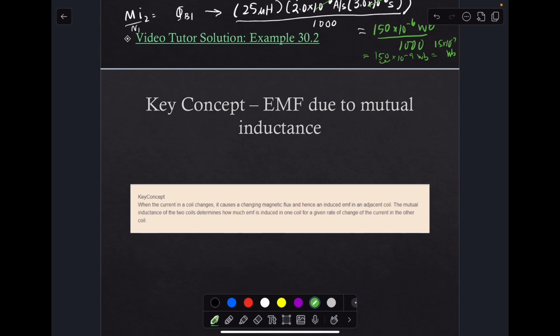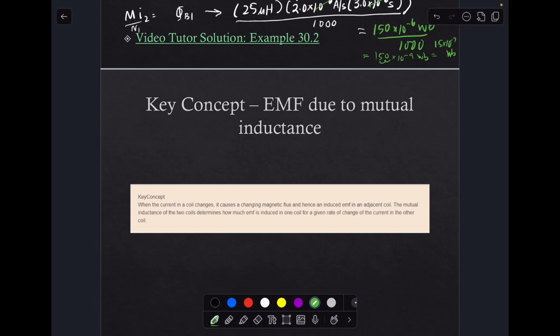Okay, so the concept here is, when the current in a coil changes, it changes the magnetic flux, right? And anytime you have a changing magnetic flux, you have an induced EMF. So the mutual inductance of the two coils determines how much EMF is induced in one coil for a given rate of change of the current in the other coil.